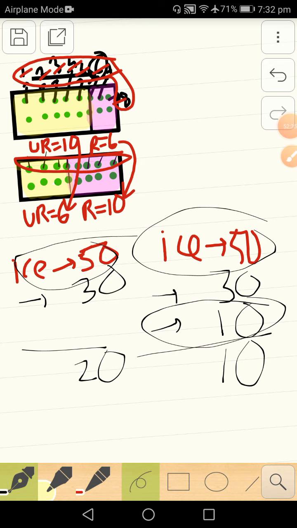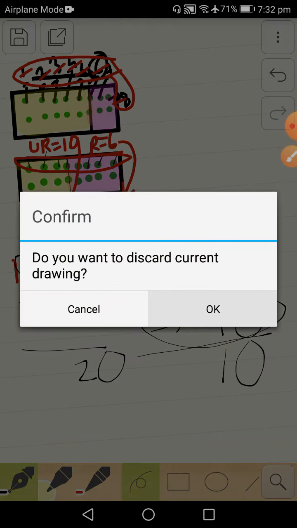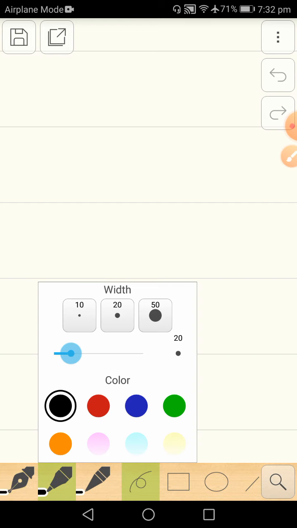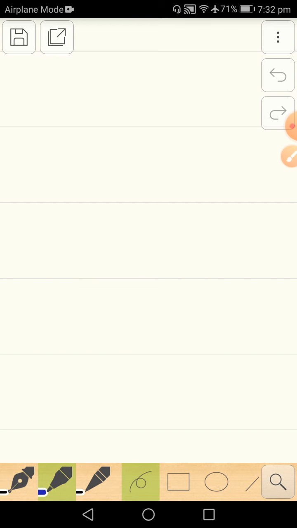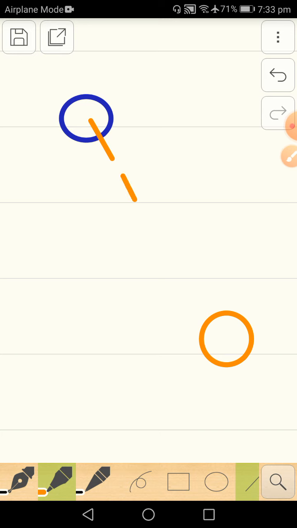Okay, let me give one more example of a catalyst. For example, suppose this is your home and this is your school, and you can go from home to school either by walking, but that would take a lot of time.